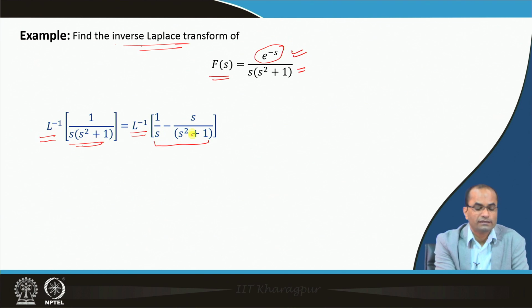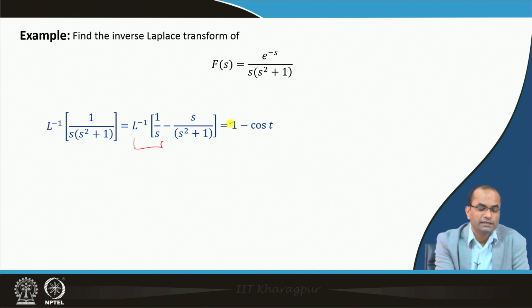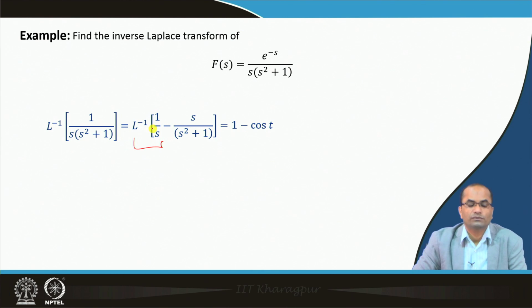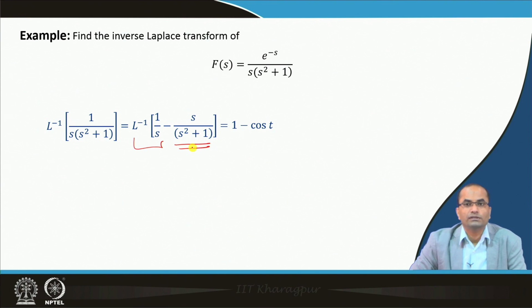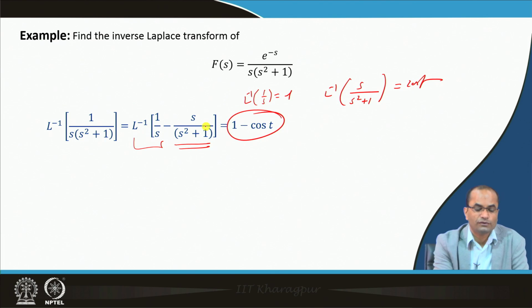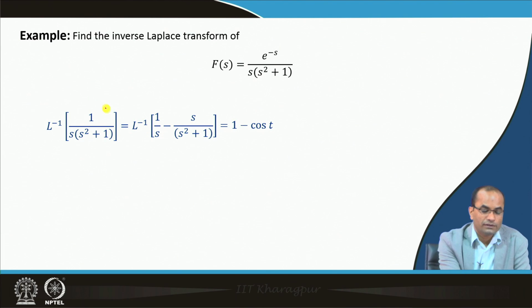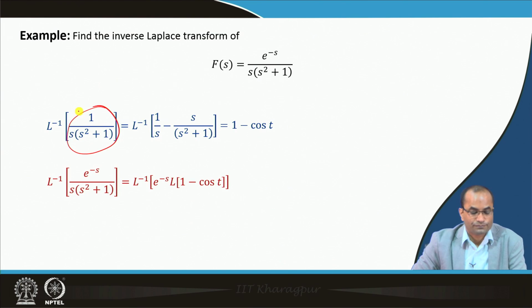So, here 1 over s minus s over (s square plus 1) will come, where we can apply the linearity property. So, L inverse of 1 over s and then L inverse of s over (s square plus 1). The L inverse of 1 over s is 1 and the L inverse of s over (s square plus 1) is cos t. So, we have 1 minus cos t as the result of the Laplace inverse of 1 over s(s square plus 1).